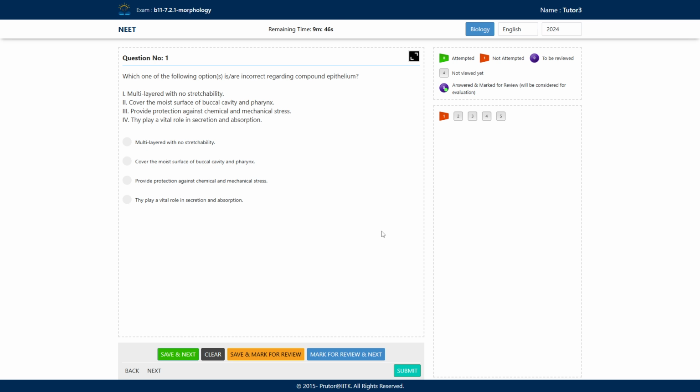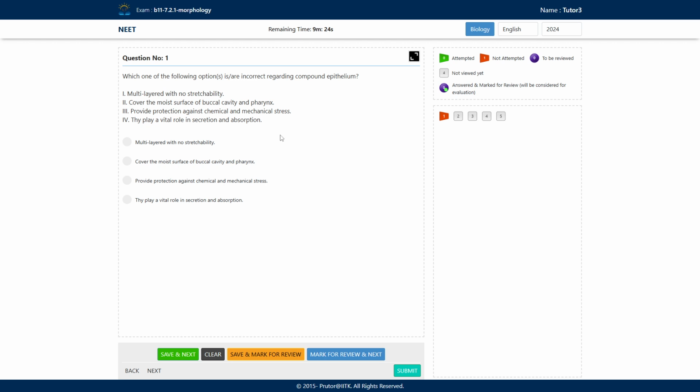So here comes the first question. Which of the following options is incorrect regarding the compound epithelium? Let us see the statements first. First, multi-layered with no stretchability.